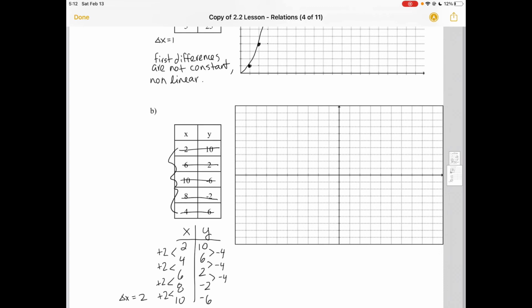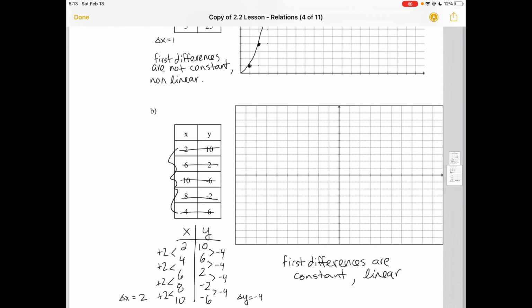Third two, going down by 4. And my last ones, I'm going down by 4. So that means that my change in y is -4. And I can say, since my first differences are constant, this is going to be a linear relationship.